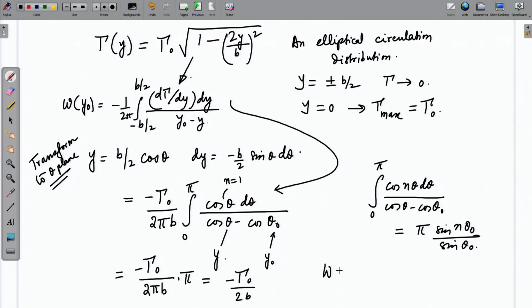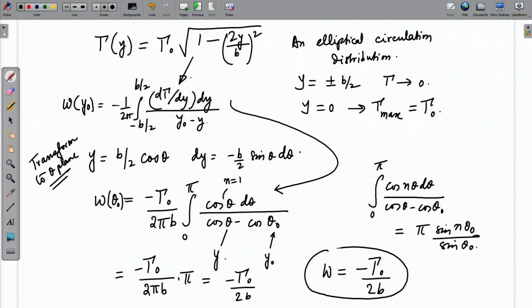So, what we have finally is, so this is w, mind it. Now, in terms of theta, so you are actually expressing it at theta naught basically. So, the w turns out to be minus gamma naught by 2 b, which is basically a constant. That means, it does not have any span wise variation, it is constant all over.